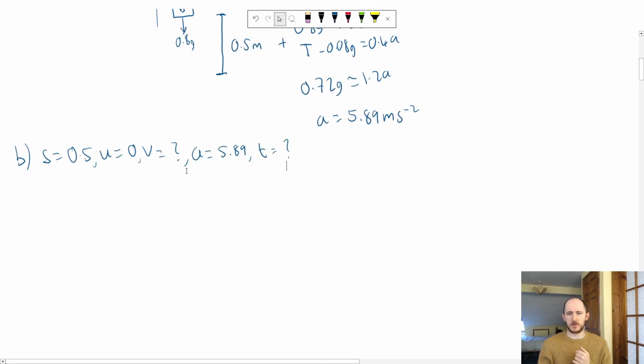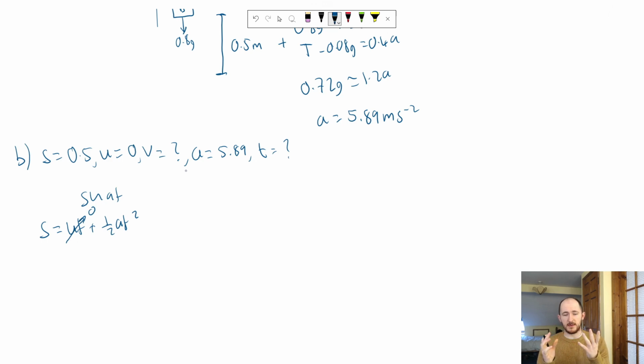So let's write down the variables we want and have. So S equals ut plus half at squared would probably be the one I use. Because again, don't forget, it's free fall, right? So it's normally going to be the s equals ut formula. And of course, the first term is going to be 0. And that means we can rearrange t to be t equals the square root of 2s over a.